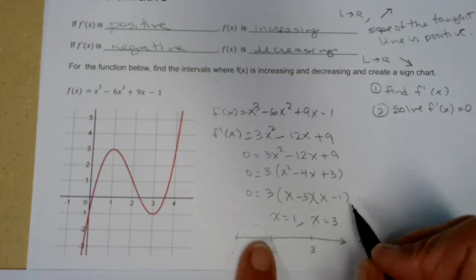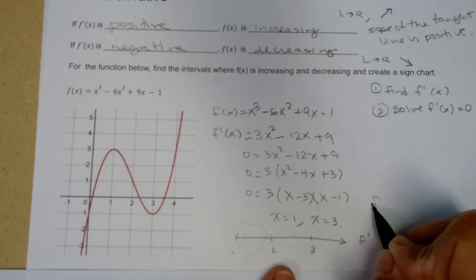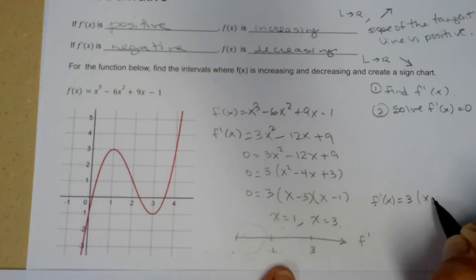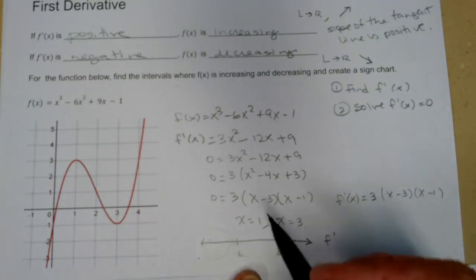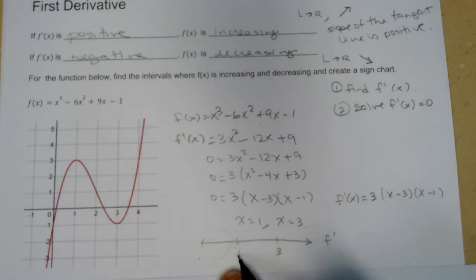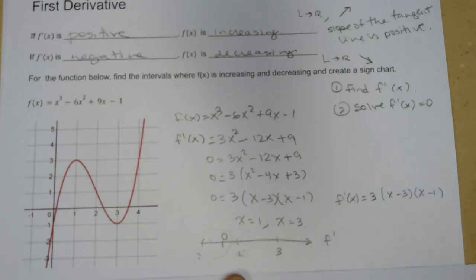So the way we do that, and this is why I left that 3 there, f prime of x, if I just write it in its factored form, is 3 times x minus 3 times x minus 1. So pick one number, I call them test values, pick one number that's in this region to the left of 1. I'm going to take 0. If you say, gosh, I want to take 7/9, awesome. You can turn that in, but I recommend you not do that.